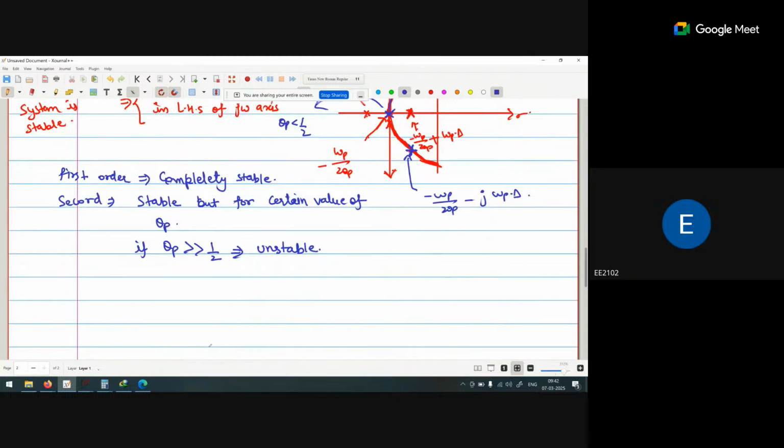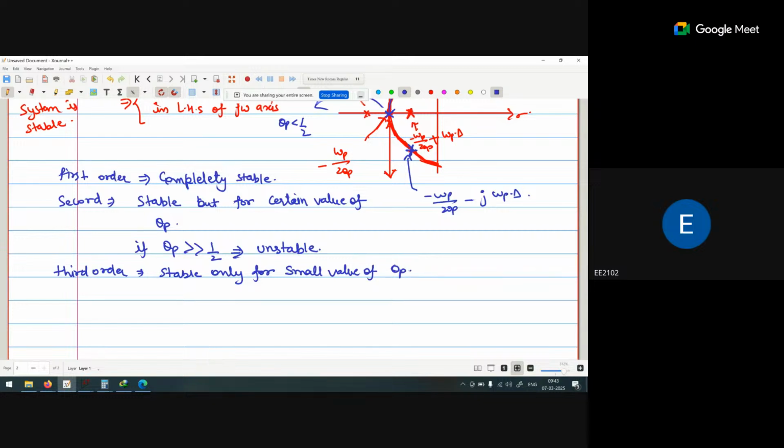Now, if we are talking about the third order system, it is stable only for small values of QP.